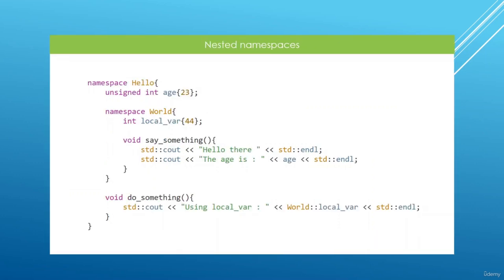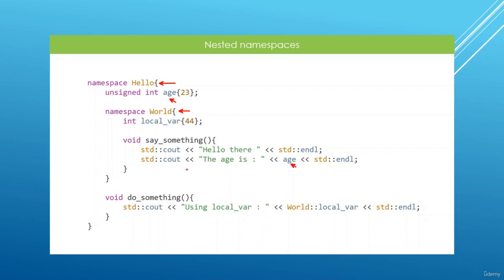We moved on and learned about nested namespaces, and we saw that it is possible to nest your namespaces. For example, you can nest them at 10 levels, 20 levels, use whatever makes sense for your project. And one thing you should know is that inner namespaces have access to things from the outside. For example, we can use the age variable here from the inner namespace, which is world.